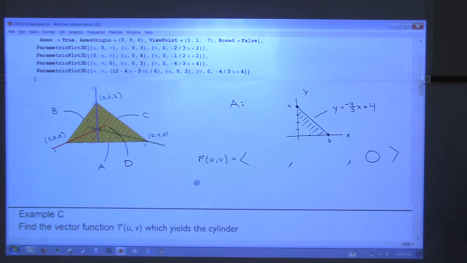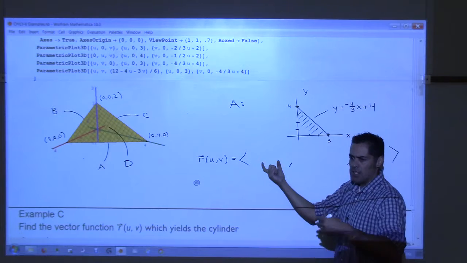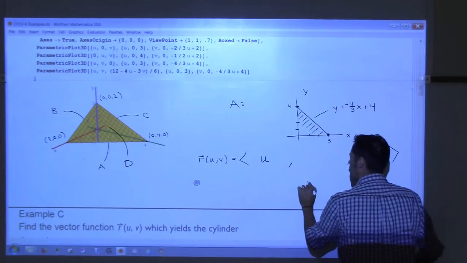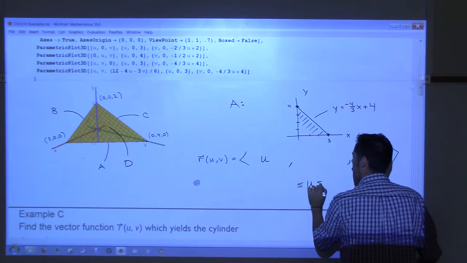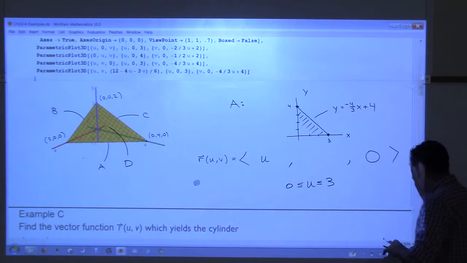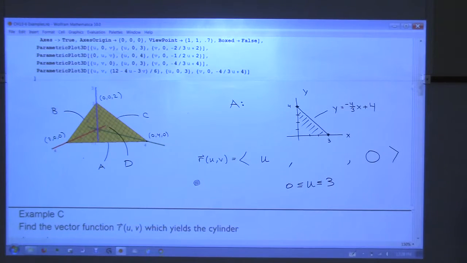So why don't we just let the x component be u and vary u between 0 and 3. Okay. Here's the trickiest part. This is the part that most students get hung up on right here.